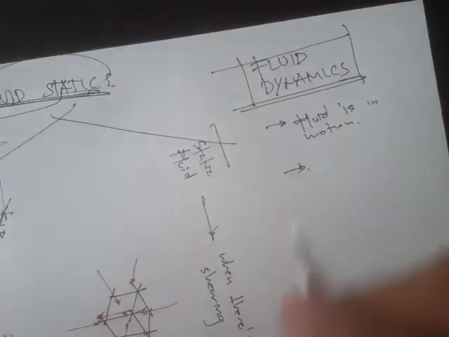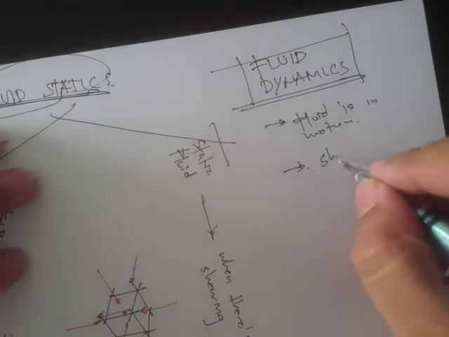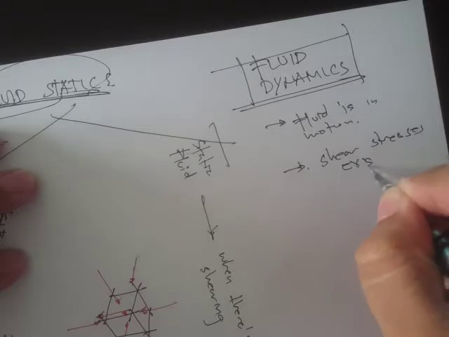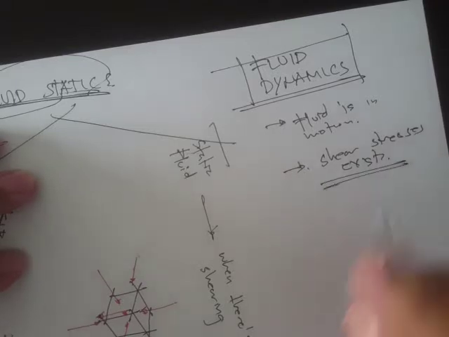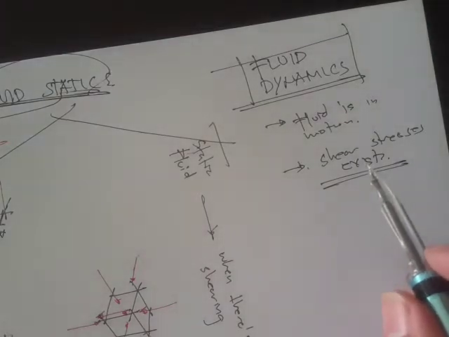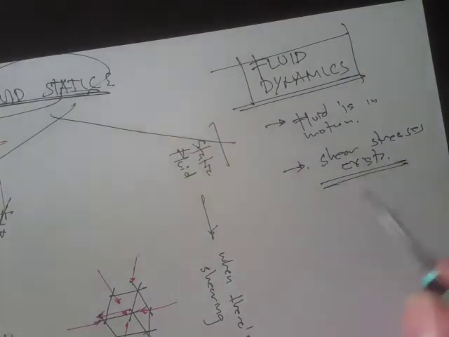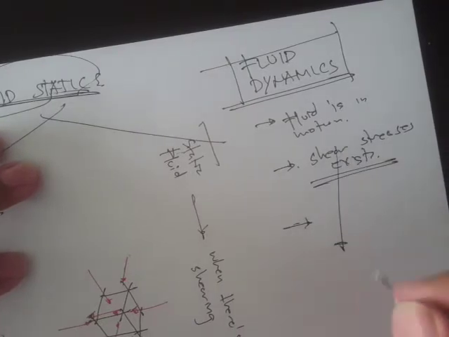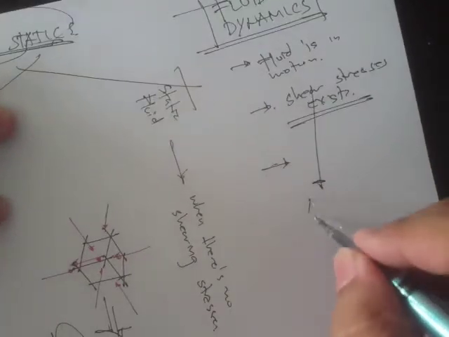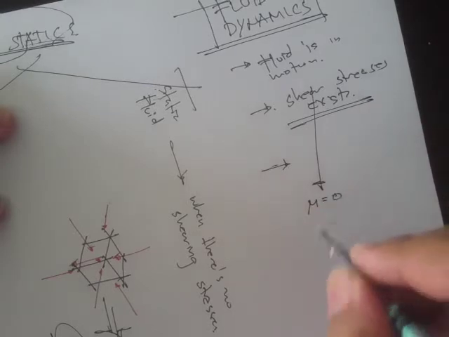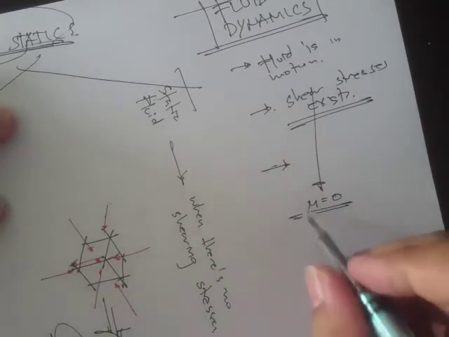and that means that shear stresses exist, although in some expressions or principles we can neglect these shear stresses or the effect of the viscosity, and we can derive an equation. Okay, so when there's no shear stresses, that just simply means that the viscosity is zero.